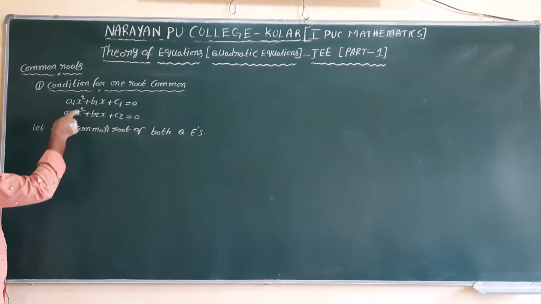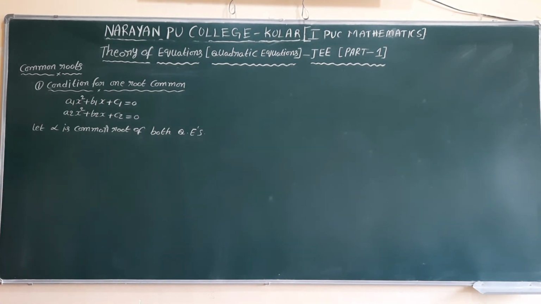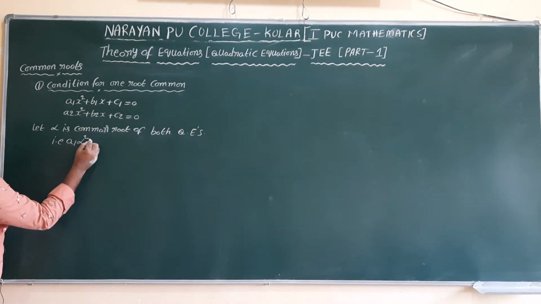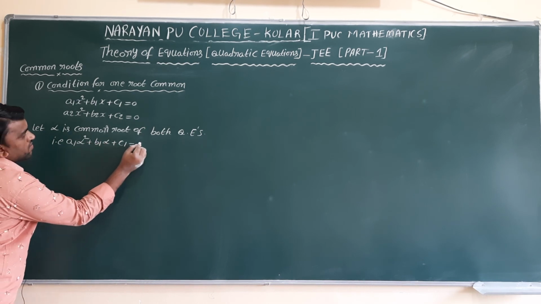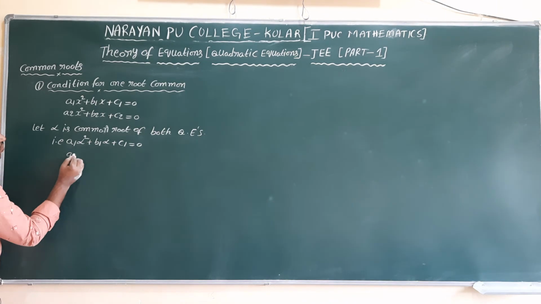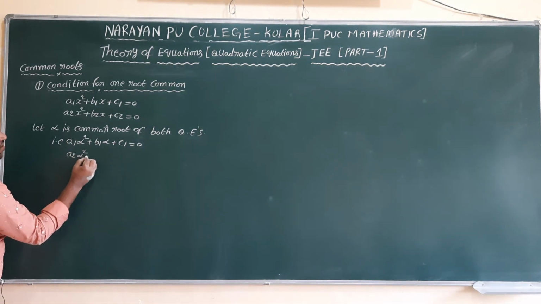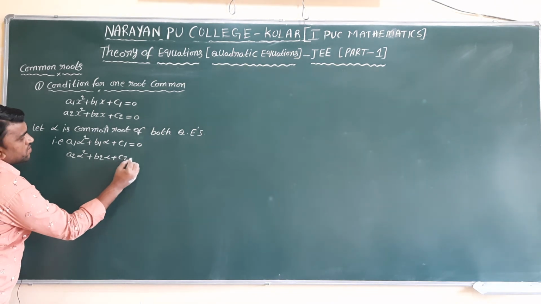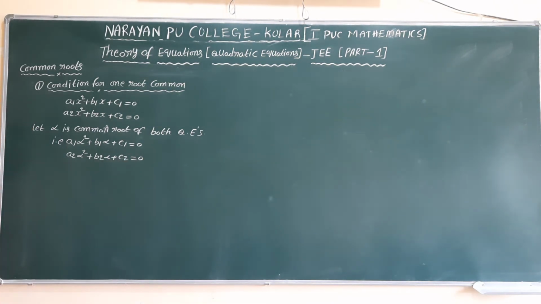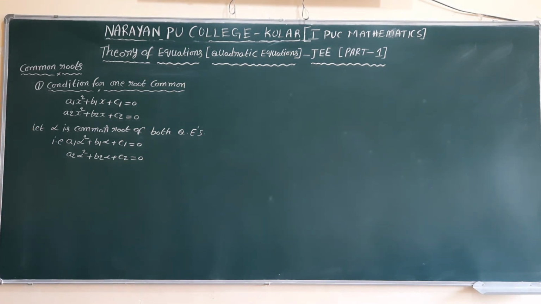Alpha will satisfy both quadratic equations. So that is a1 alpha square plus b1 alpha plus c1 equal to 0, a2 alpha square plus b2 alpha plus c2 equal to 0. Then how to solve these two equations?